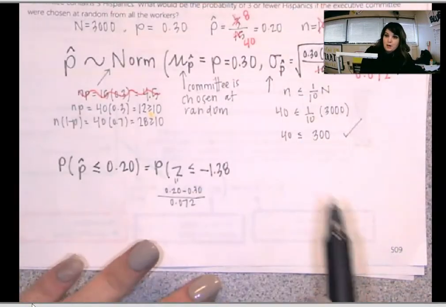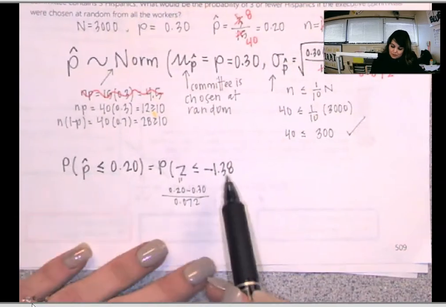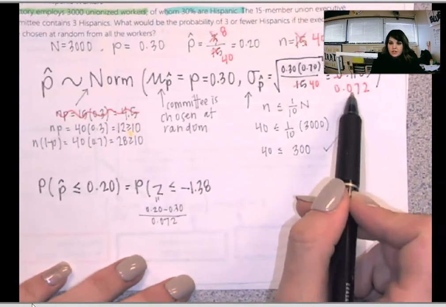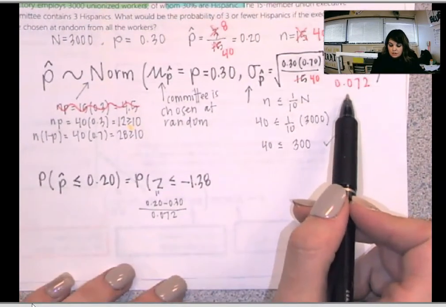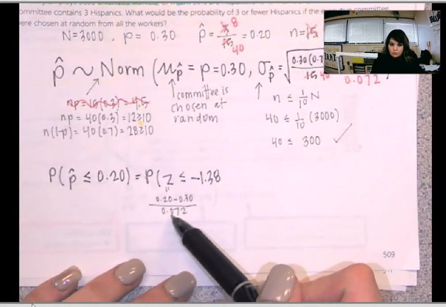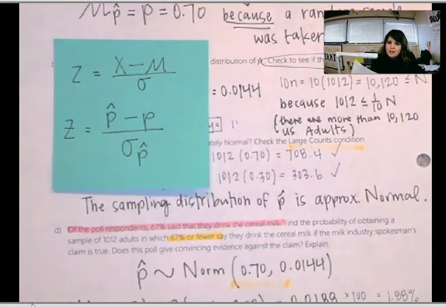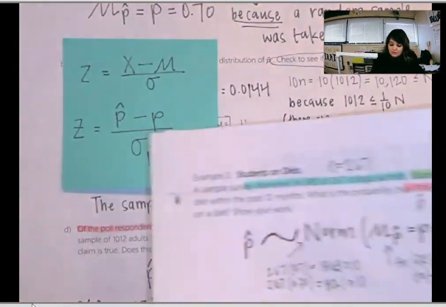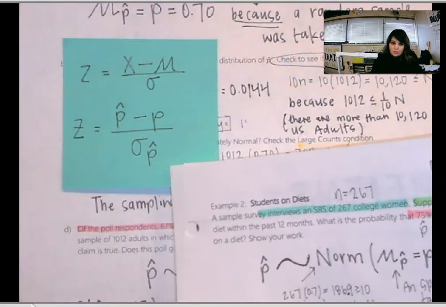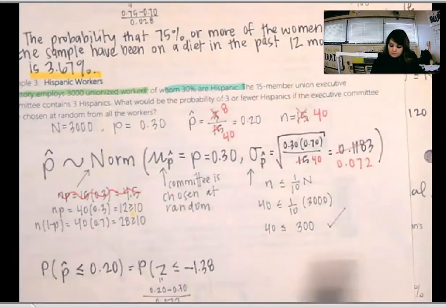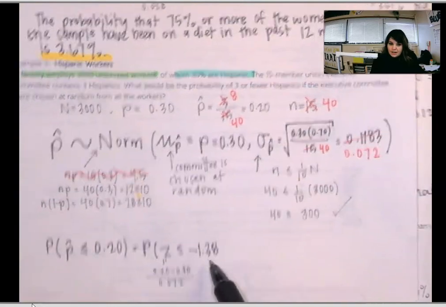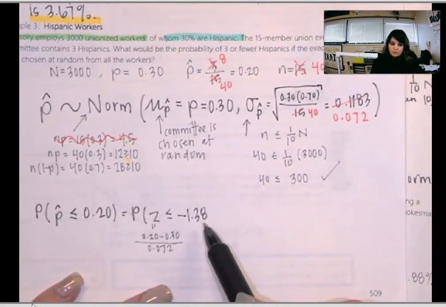Okay, I had to pause, sorry, I had a teacher come in. So with my adjusted standard deviation, I plug that into the formula for my z, and I watched it back and realized that I showed you my post-it note for like a half a second. So this is the post-it note where I have the formula for z. When I plug that in, I get a z-value of negative 1.38.